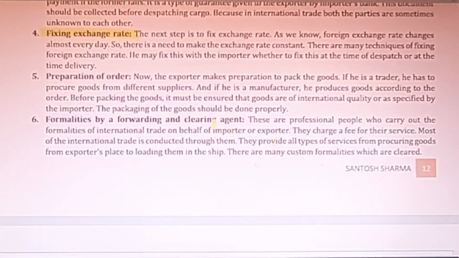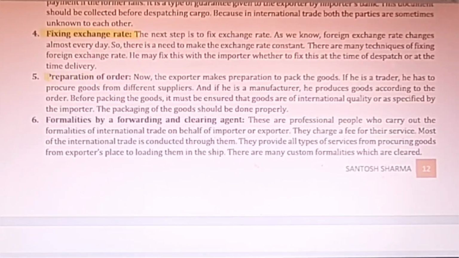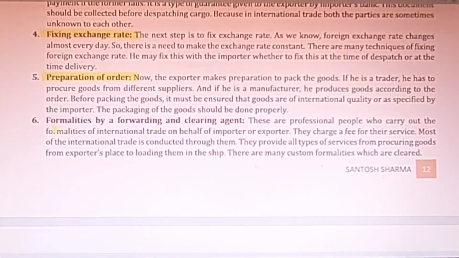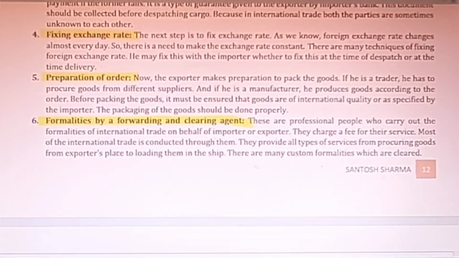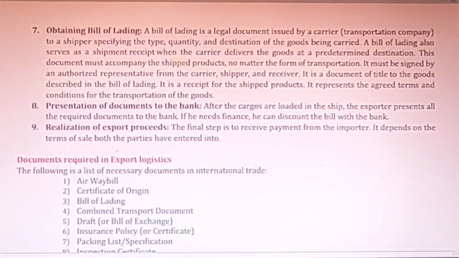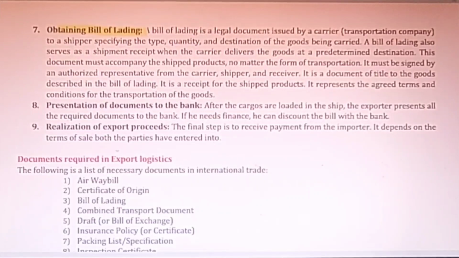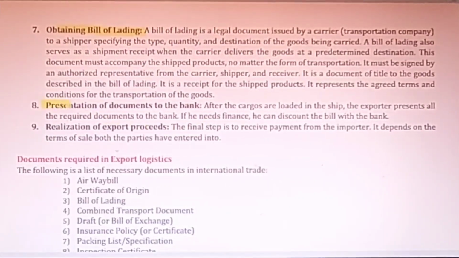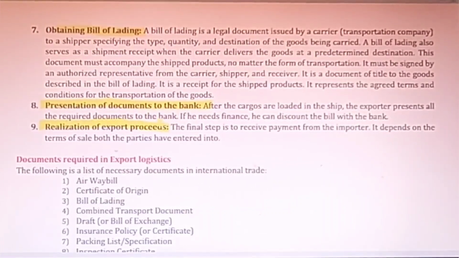So the exchange rate should be determined because it always changes. Then he will prepare for the order, and he will clear all the formalities through C&F agents. Then he has to obtain the bill of lading. This is one of the very important documents in import-export trade. Then he will present all these documents to his banker, and he will realize the export proceeds, that is payment.